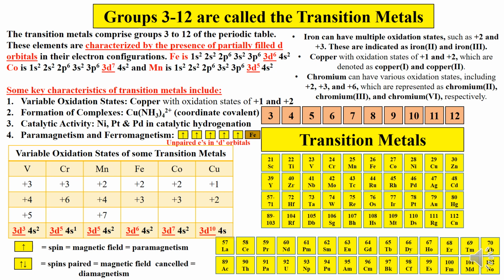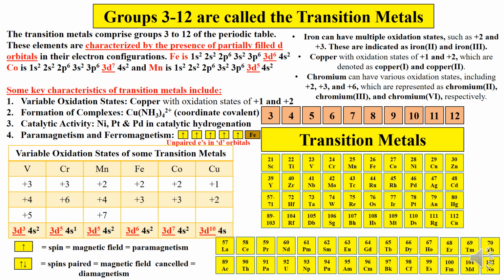So in the case of paired electrons, the magnetic fields will be mutually cancelled, making it diamagnetic. This is the difference between paramagnetism and diamagnetism. Paramagnetism is a property exhibited by substances with unpaired electrons, while diamagnetism is a property exhibited by substances with paired electrons.